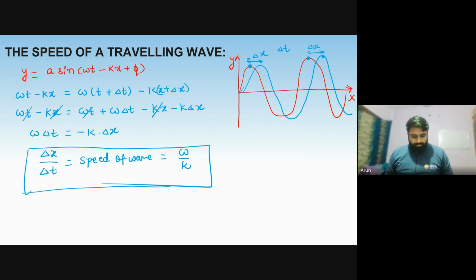Till now, we have covered up to the speed of a traveling wave. In the next lecture, we will see the wave on a string and how it depends on the elastic behavior of a material and the inertial property. And also we are going to see how this traveling wave in a string or in a particular medium, in gas, solid and liquid, depends on the pressure and how it will vary.